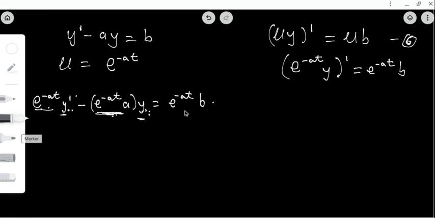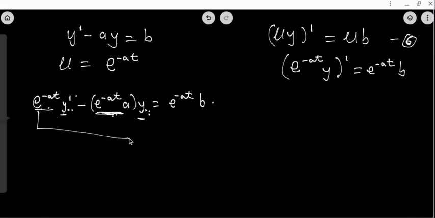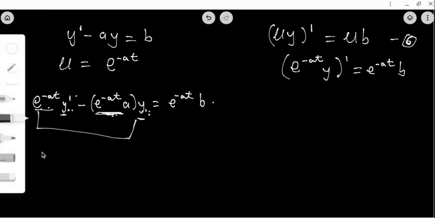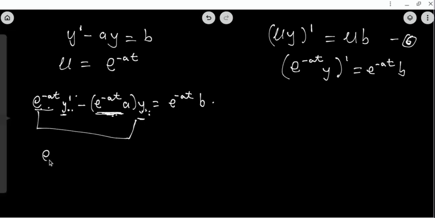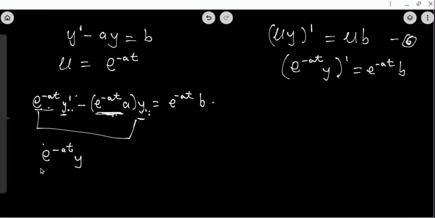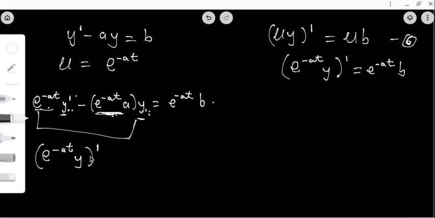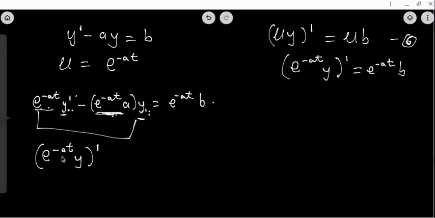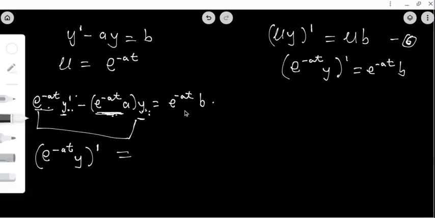This whole expression can be simplified: it is the integrating factor, which is e^(-at), multiplied by the dependent variable, which is y. Then you put all into brackets and find its derivative. When you simplify this, you will get this. So this whole thing can be written as this. Then that should be equal to this, which is e^(-at) b.